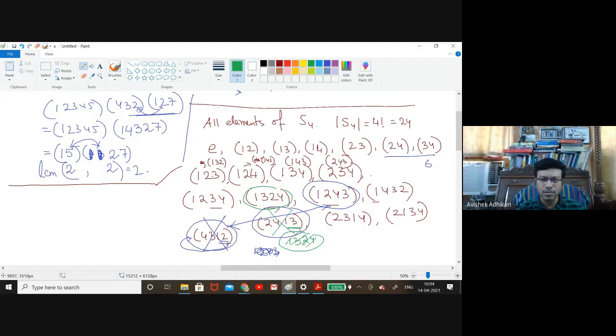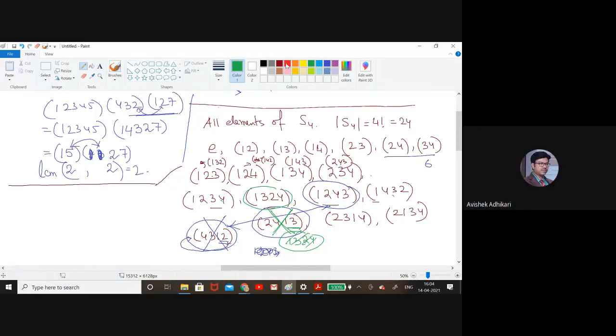Okay. Anything else? So how many are left? 1, 2, 3, 4, 5, 6. Is there any common between these two? The other elements would be 1, 2, 3, 4. That is, the product of two cycles. Very good.